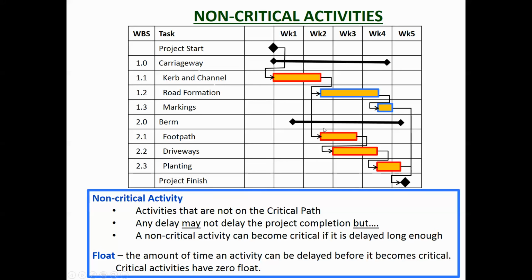Now the critical activities, if they are delayed by even 1 day, the whole project is going to be delayed. So critical activities have a float of 0. In other words, they can't go any further.